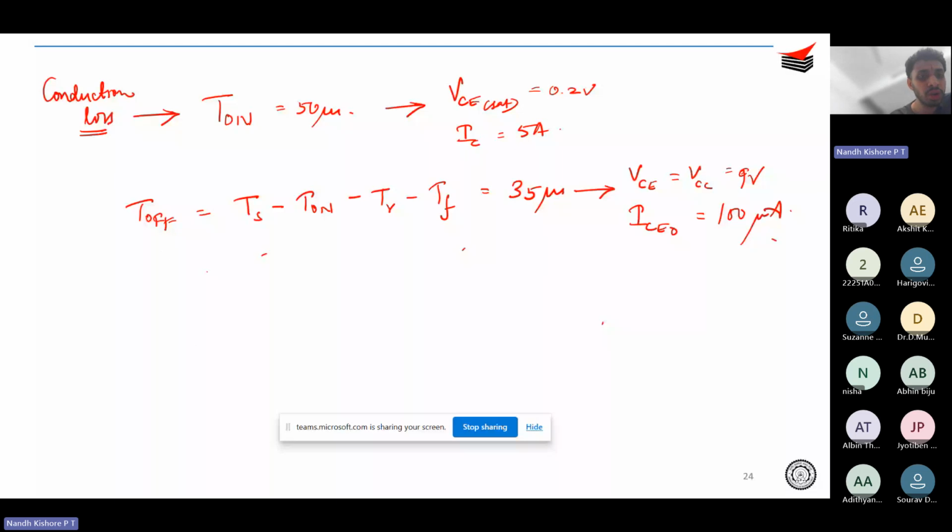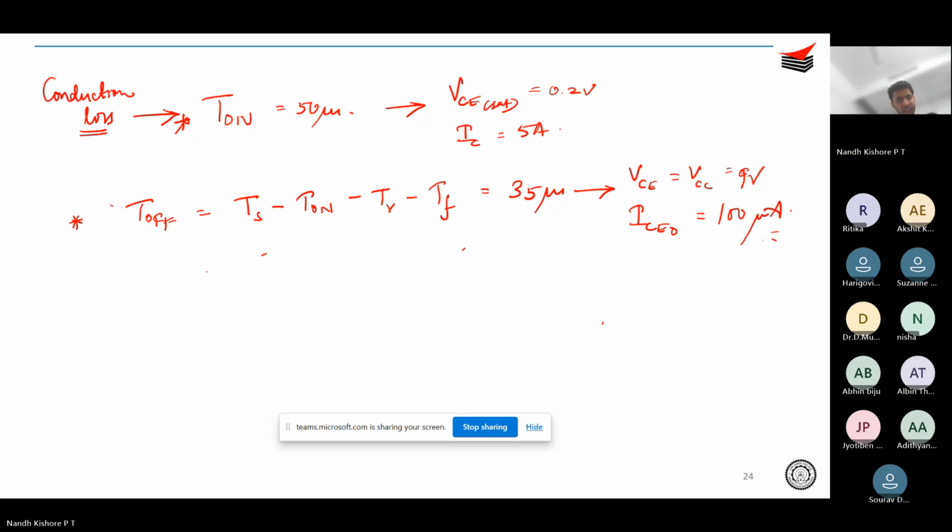So these are the two loss components of conduction loss, when the device is completely turned on and when the device is completely turned off. During the off state the loss is going to be very small because ICE is already 100 micro, but nonetheless, these constitute your conduction loss.